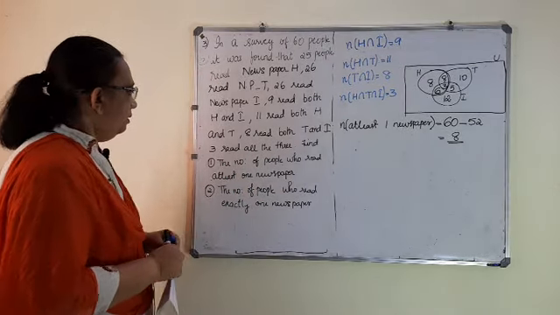N of T plus N of C minus N of T intersection C. All these values are given to you. Substitute them and you get the answer. How many people were taking neither tea nor coffee? It is equal to 325. I hope it is clear to you.